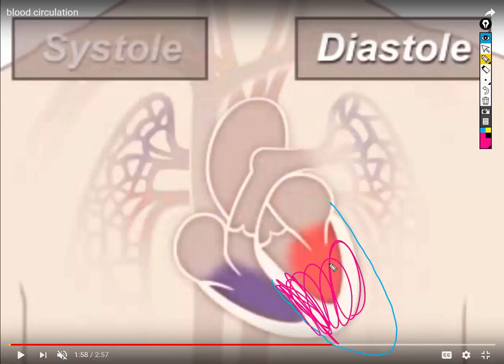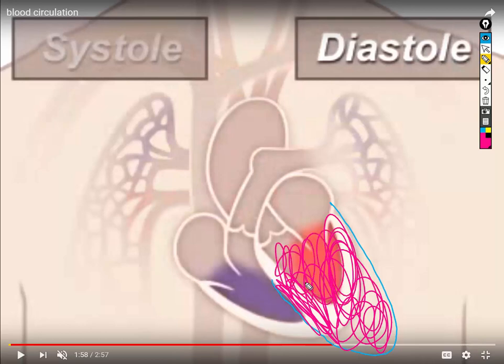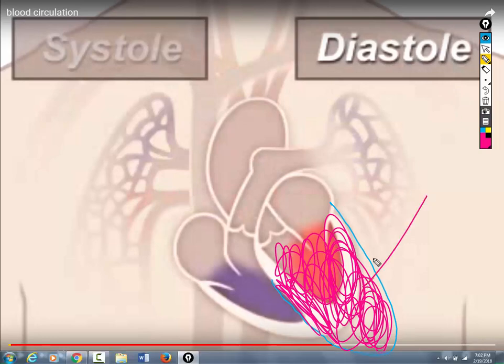Instead of having 110 cc's sitting in that left ventricle, it is dilated, and now it has 210 cc's in it. So the end diastolic volume, or the amount of blood in the ventricle before it contracts, in a person with congestive heart failure, goes up.